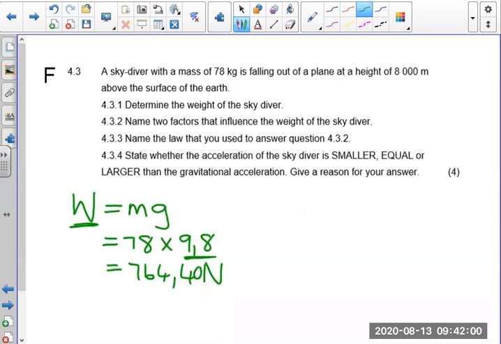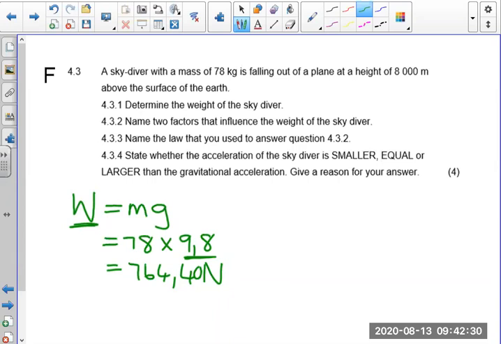Then the next one is, state whether the acceleration of the skydiver is smaller, equal, or larger than the gravitational acceleration, and give a reason for your answer. That's 4 marks.